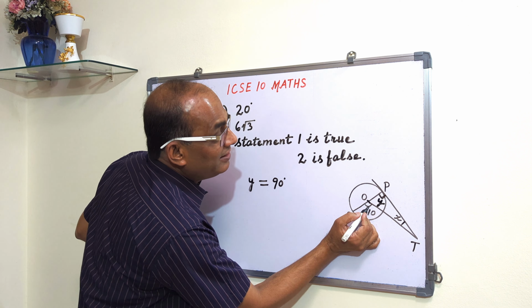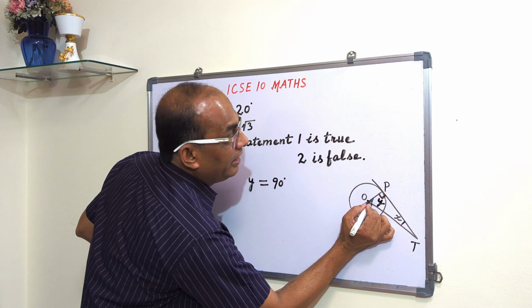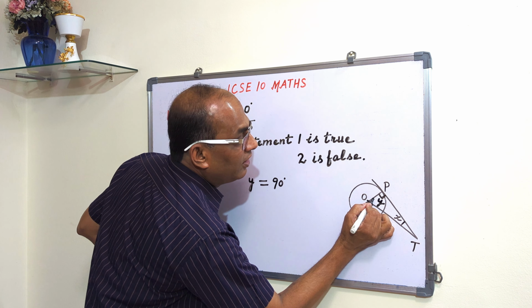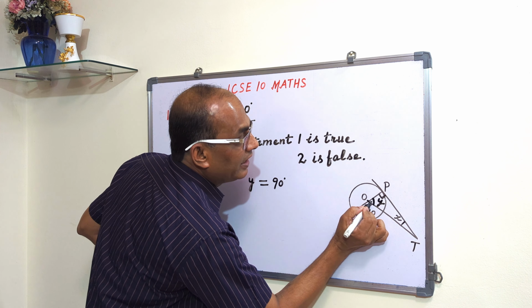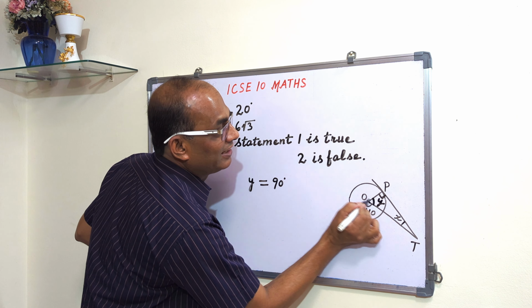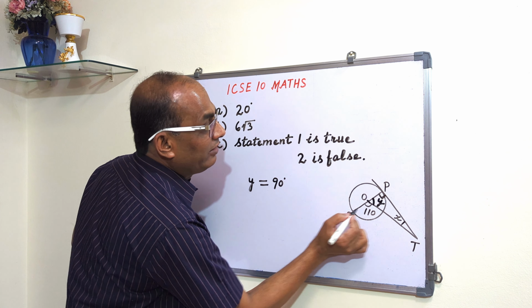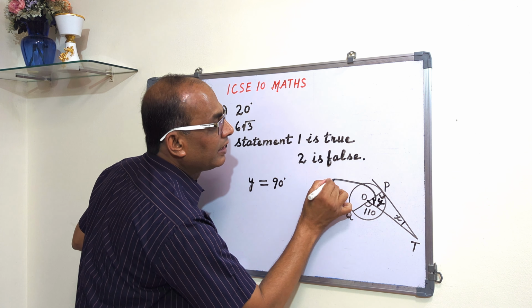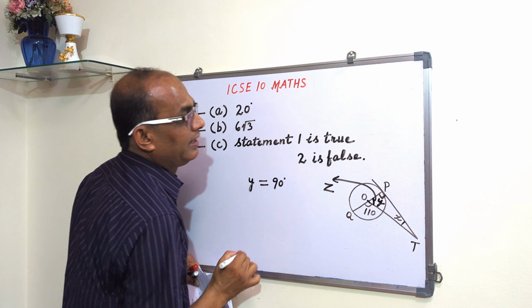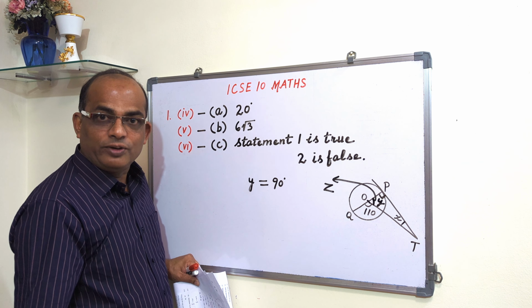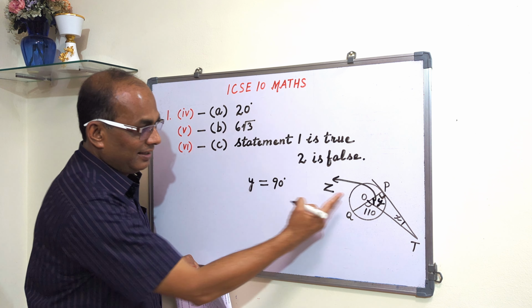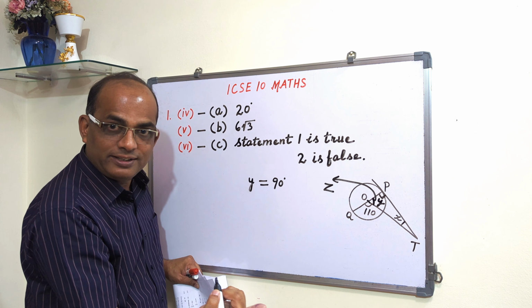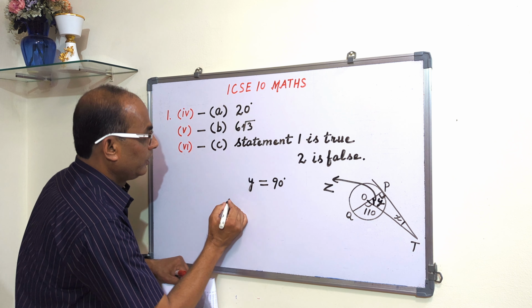Fine. Now this is 110. Suppose we call this angle Z. So Z will be how much? This angle is Z. So Z plus 110 is equal to 180 degree, isn't it? Linear pair.